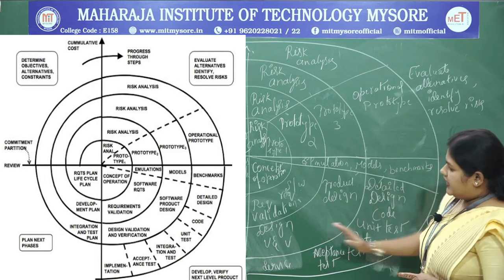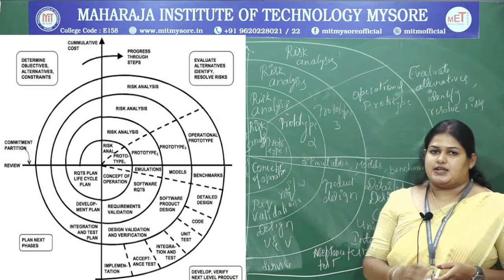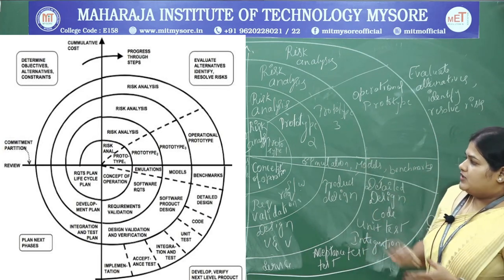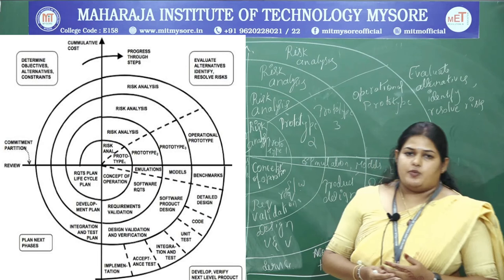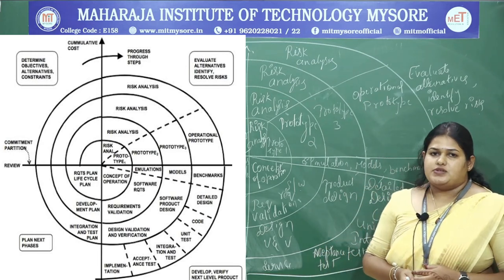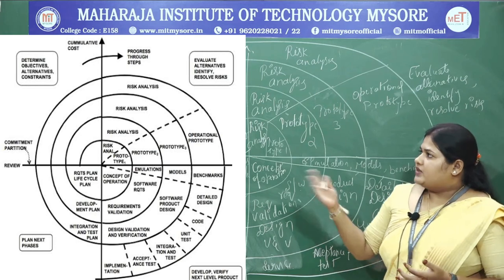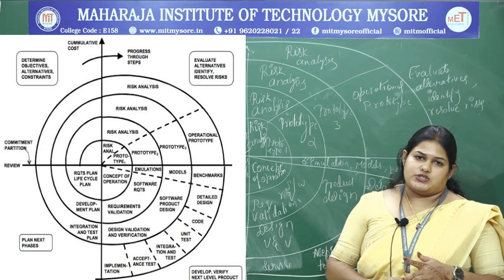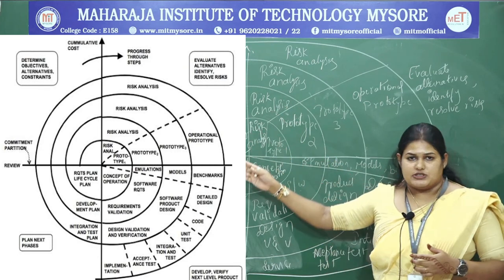So, what does this indicate and why is this structure in the form of a spiral? In the previous two models you might have observed that the first model was generally set for small projects and cannot be applied to larger ones.